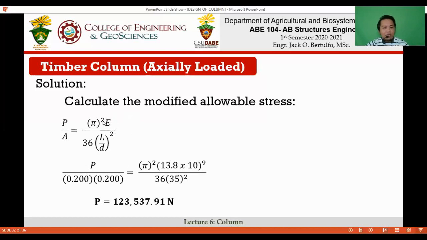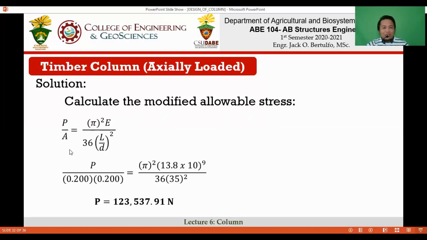You can calculate a certain value for allowable stress. That's the stress. But our purpose now is, with that allowable stress, what is the load? The possibility is that the allowable stress, the modified one, will be reached at a load lower than the 240. Just to see what happens here.